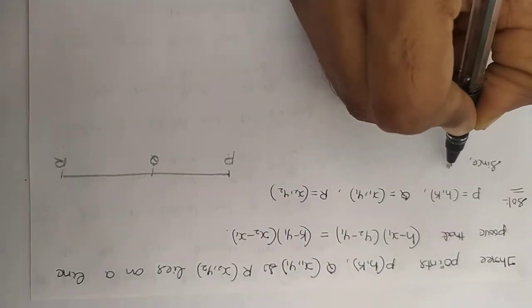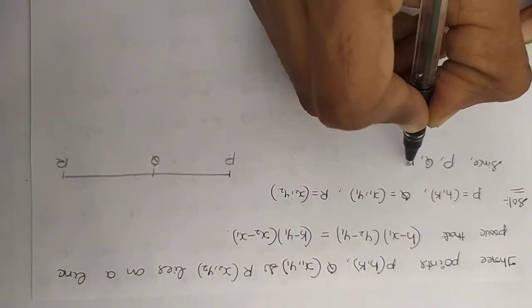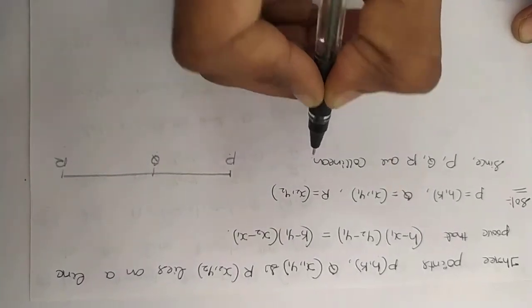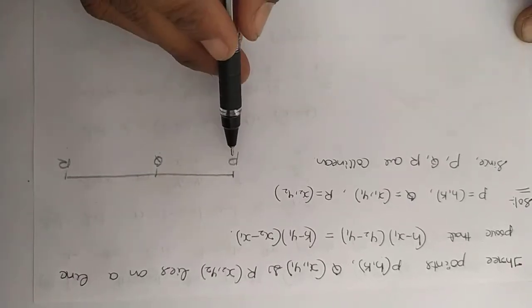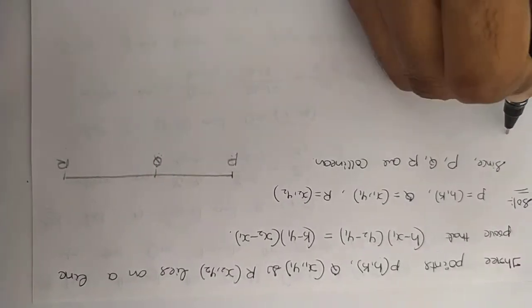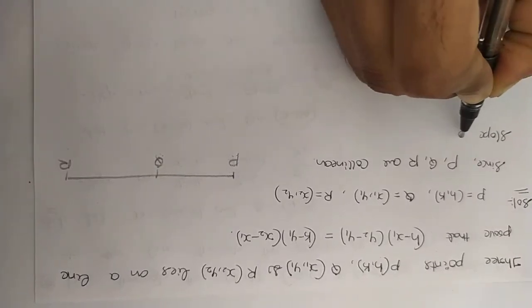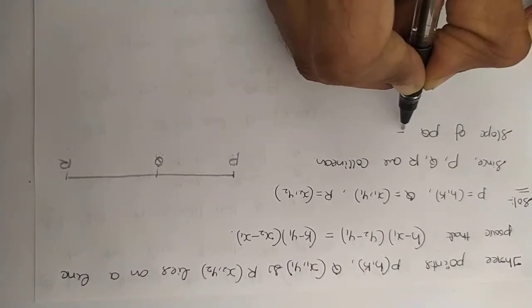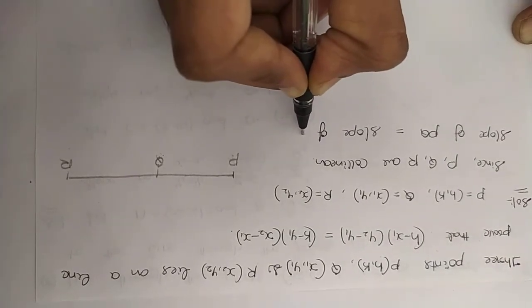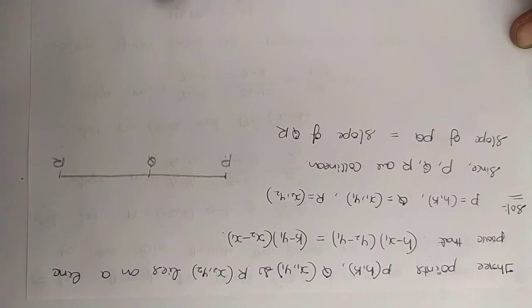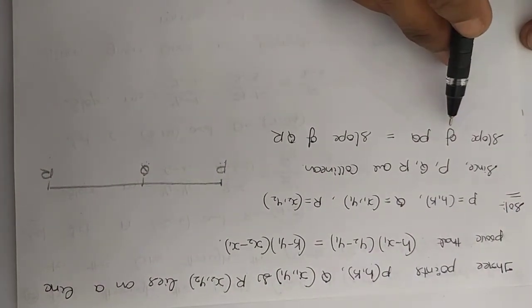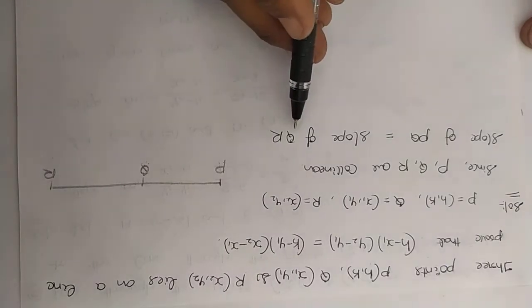Since P, Q, R are collinear, if the 3 points are collinear, then slope of PQ equals slope of QR. Now, find out the slope of PQ as well as slope of QR.